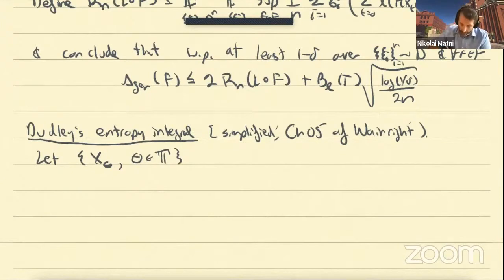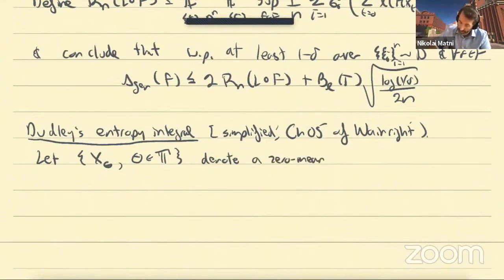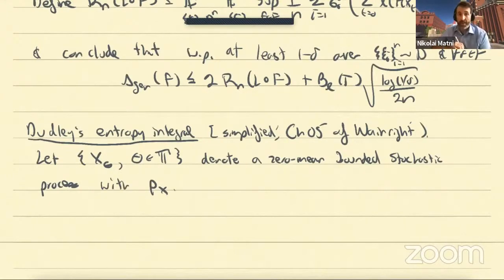And we're going to let this denote a zero mean bounded stochastic process. And we're going to associate a metric rho x to it as well. Right? And rho x is basically something that measures the difference between 2 elements, x theta and x tilde.